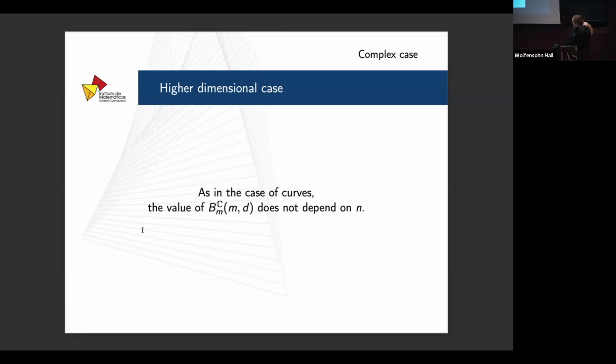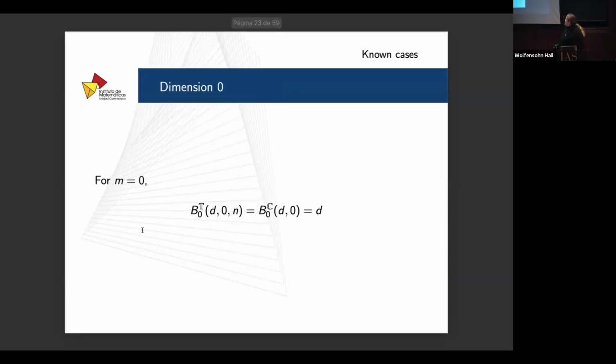Okay, and now we want to see what happens between the tropical case and the algebraic case.